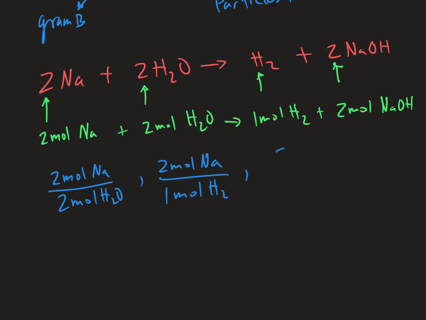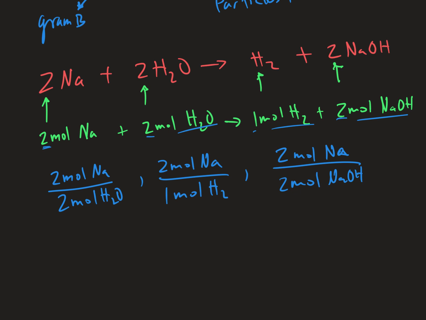And it's also saying if we have 2 moles of sodium, we have 2 moles of sodium hydroxide. Do y'all understand how I got those? For every 2 moles of sodium, I have 2 moles of water. For every 2 moles of sodium, 1 mole of hydrogen gas. 2 moles of sodium, 2 moles of sodium hydroxide.